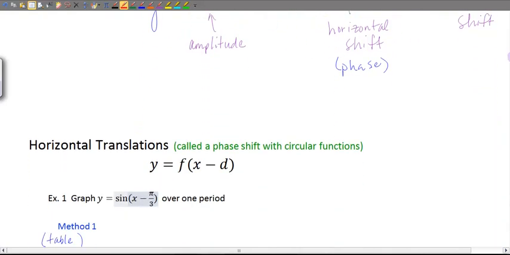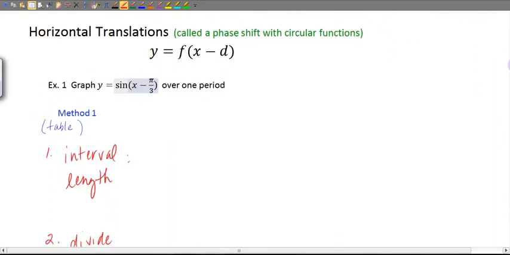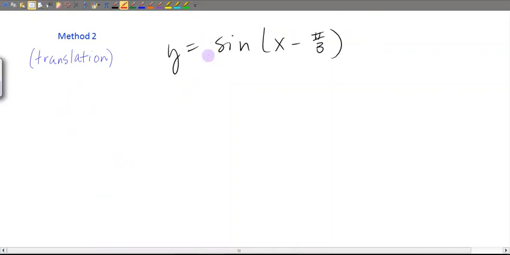So let's see, with this first example, what happens when I take a graph and shift it horizontally, in other words, do a phase shift. This is the first example: y equals sine of x minus pi over 3, and I want to graph this for one period. The amplitude of this function is 1.